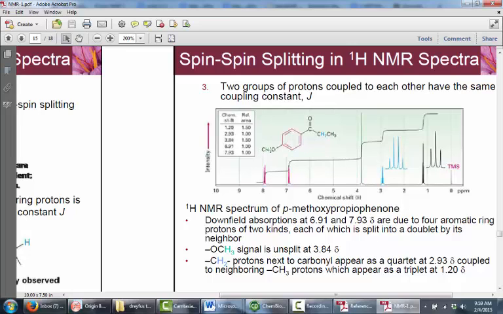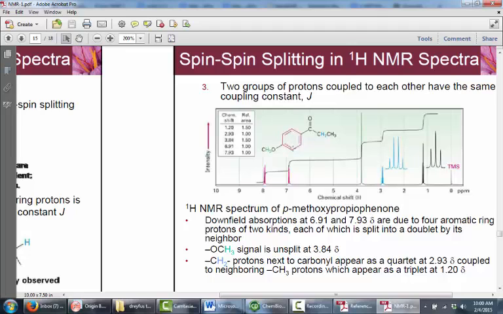This CH3 here, if I ask how many peaks it is going to be split into, well, there are no protons on immediately adjacent carbon atoms. There are no immediately adjacent carbon atoms, period. So that's going to be a singlet. And that's what I see as this green peak over here. Now with the aromatic ring, I can see there's an H, H, H, H. So these two H's, this H and that H, are chemically equivalent. And then these two are also chemically equivalent.